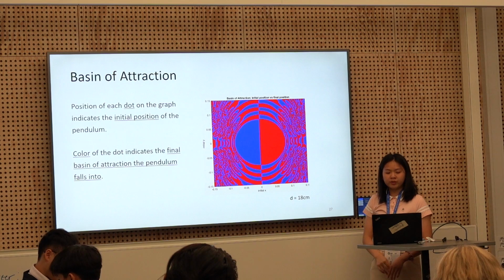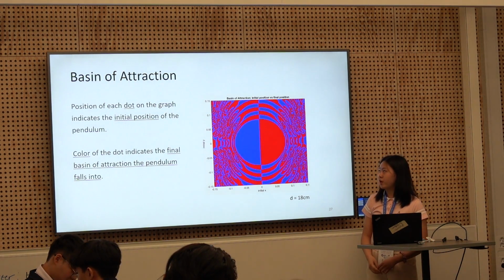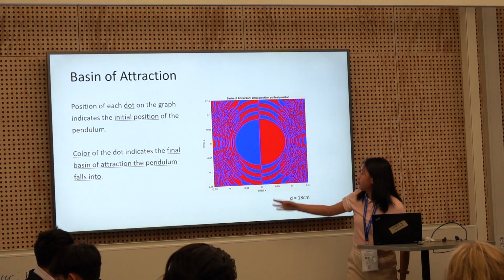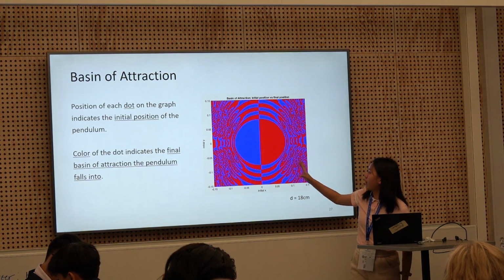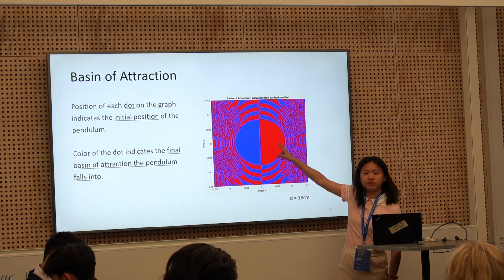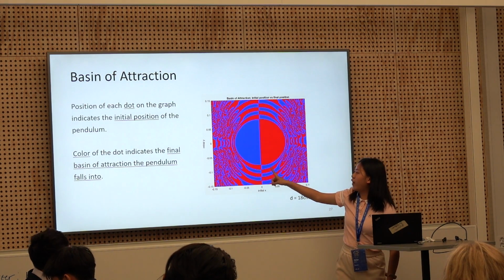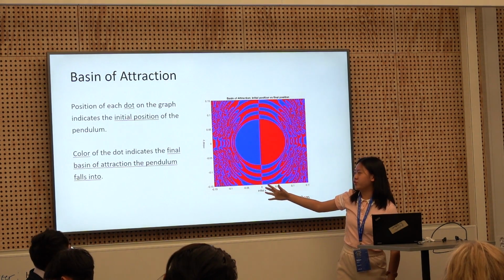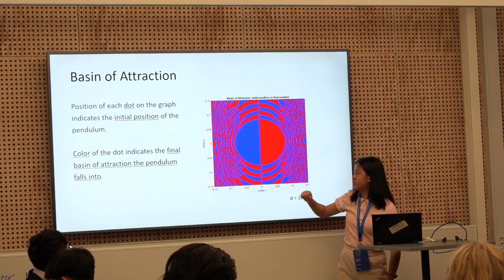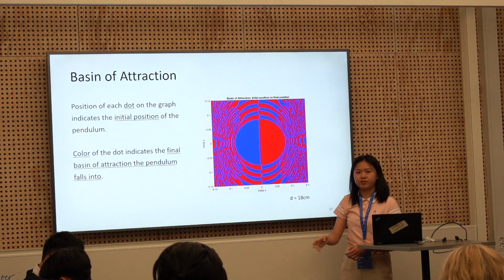Another thing to indicate motion is the basin of attraction. How to read the graph: the position of each pixel is the initial position of the pendulum, and its color is the final basin of attraction that the pendulum falls into, which is the final base magnet it oscillates around.